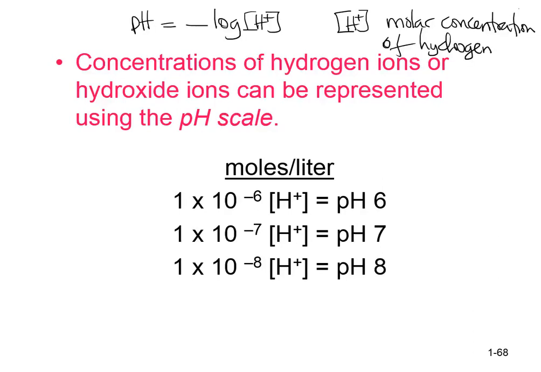So if you have the concentration of hydrogen as given here, to calculate pH, you do minus log of 1 times 10 to the power negative 6. The answer will be 6. So the pH of that solution is equal to 6.